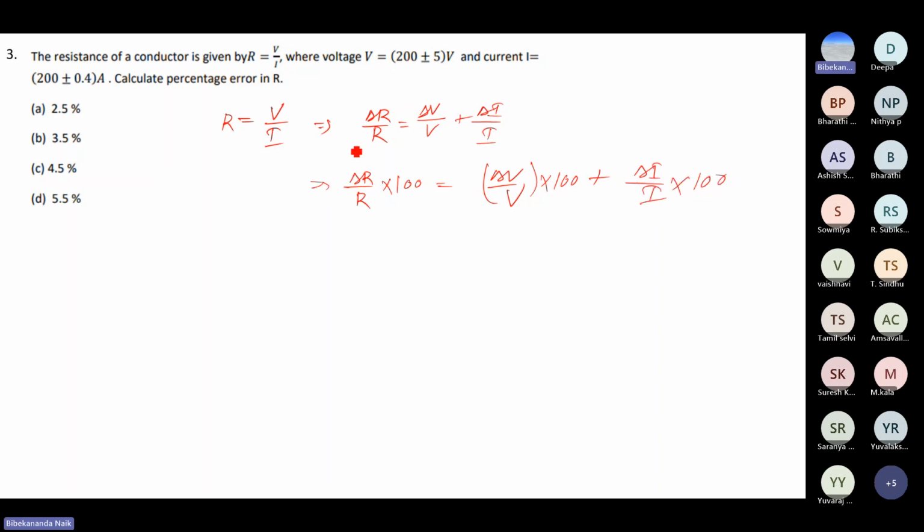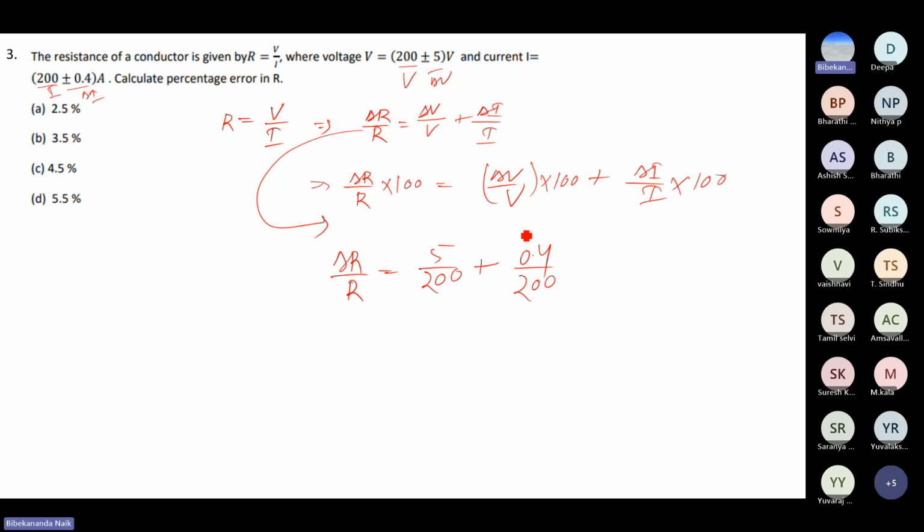Or we can first calculate this value and then directly calculate this. So delta R by R will be how much? So when you see here, this is V, this is delta V, this is I, and this is delta I. So it will be 5 divided by 200 plus 0.4 divided by 20.